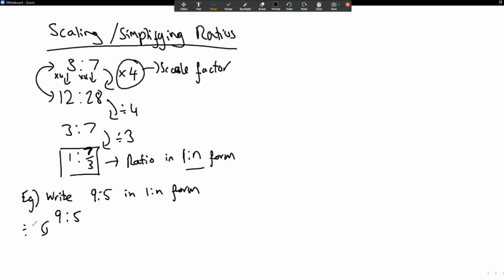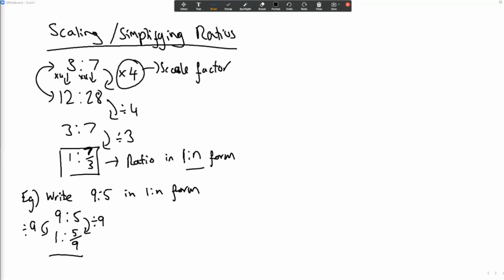Well, we divide by 9 because anything divided by itself is 1. So we've got to 1. Now we just need to also divide this side by 9, because we do it to both sides, to get 5 over 9. And that is in 1 to n form.